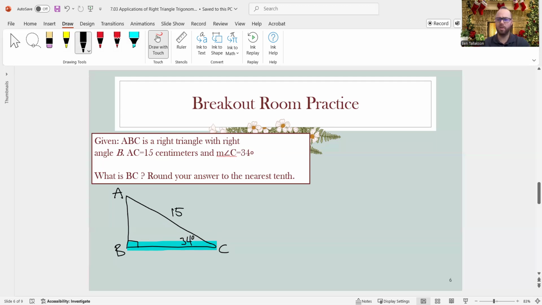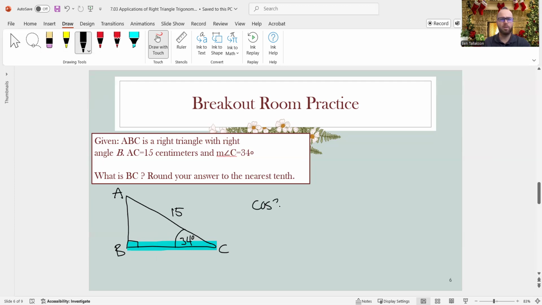It's done just like we did a moment ago. Okay, so we want to involve this angle and this side and this side. So what are we going to do? Let's try cosine.